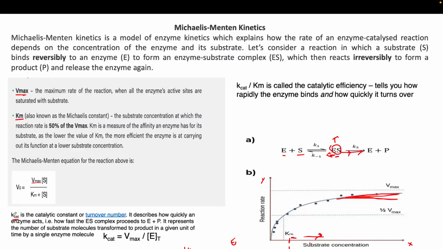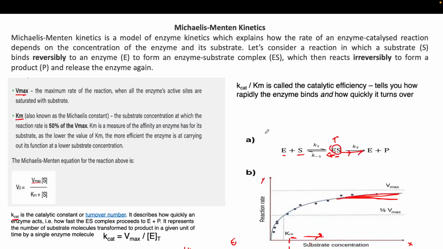We can find kcat by Vmax divided by the total enzyme concentration. Total enzyme concentration means when the enzyme is completely bound with the substrate at its active site. Through that you can identify the kcat.